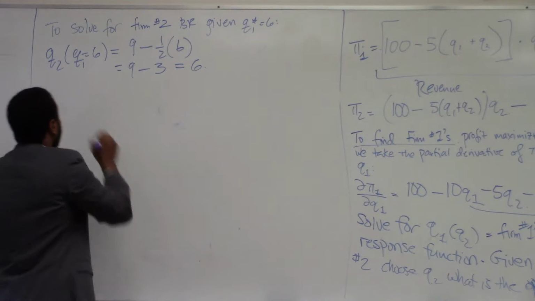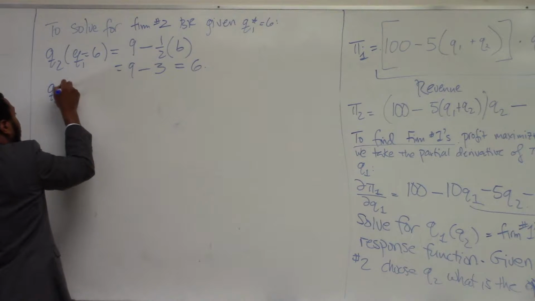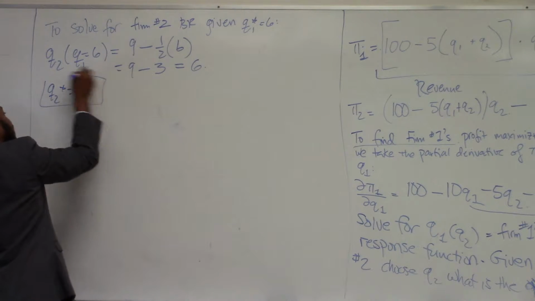You can see that? So Q2 star is equal to 6.